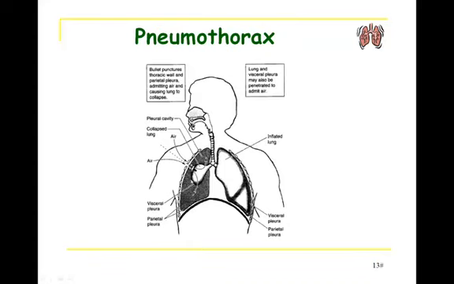What happens is the lung will collapse, and the thoracic wall would move out. Generally, because these are in two separate cavities, just this lung should collapse. But if it's significant enough, you can get something called mediastinal shift, which could actually collapse the other side too.